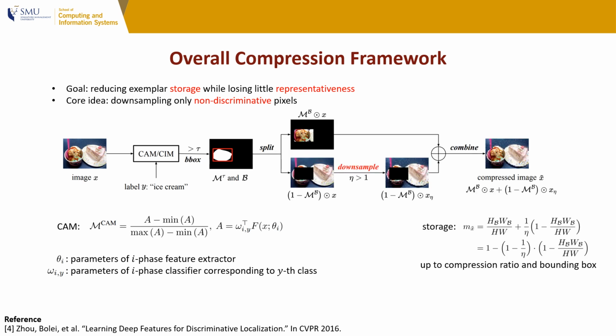We treat the pixels outside capital B as non-discriminative ones. We downsample these pixels with a ratio eta and finally derive the compressed image X hat. The storage consumption of X hat is always less than 1 unit.